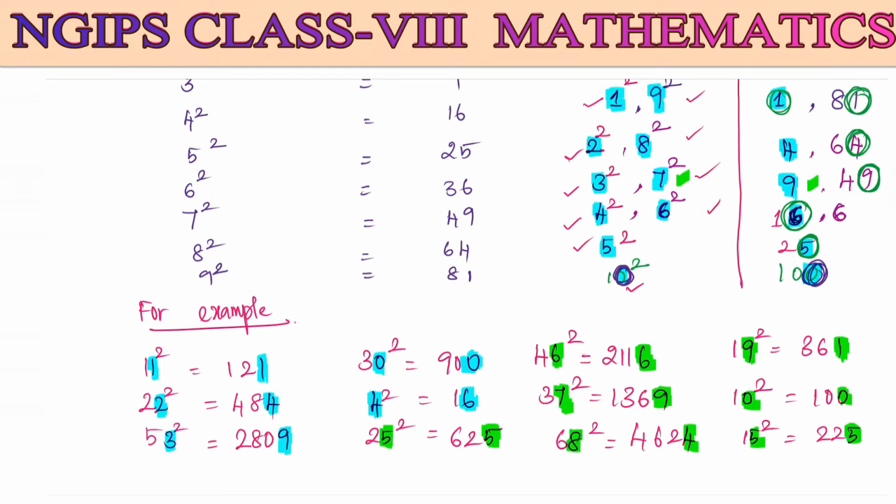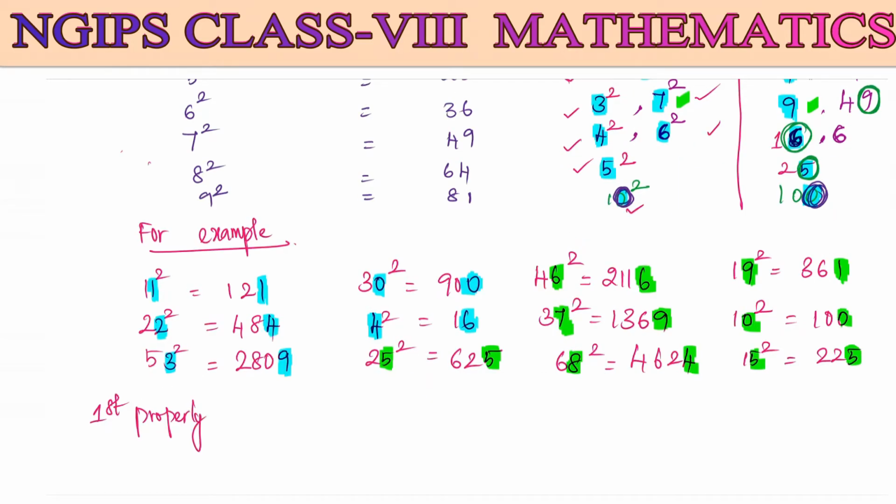So if the unit digit of any number occurs from 0 to 9, we are going to get the unit digit values as 1, 4, 9, 6, 5, 0. So listen carefully.